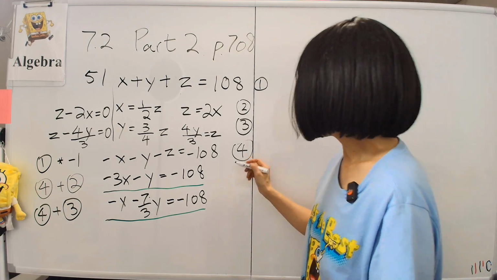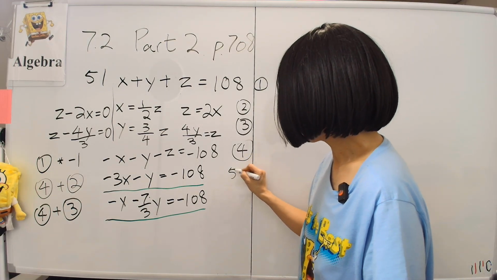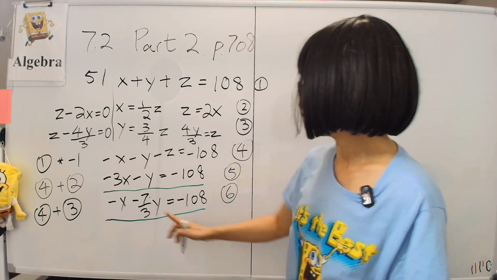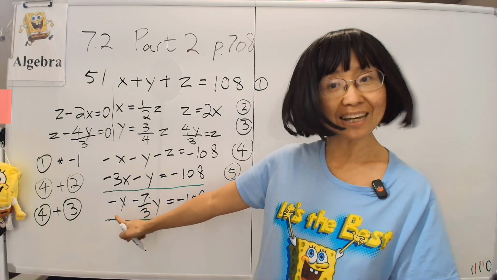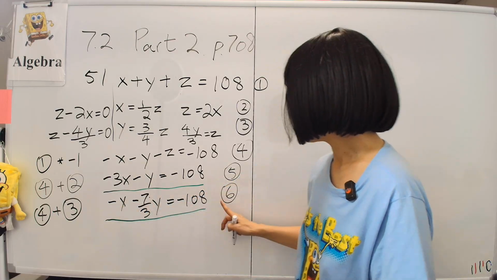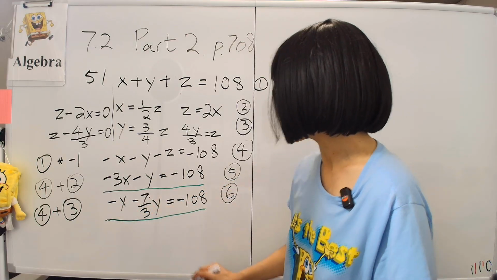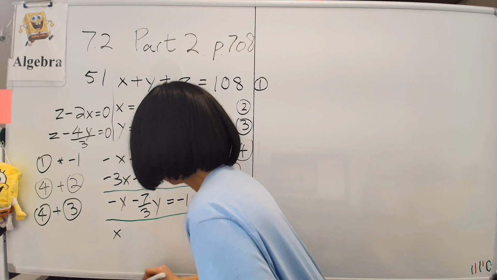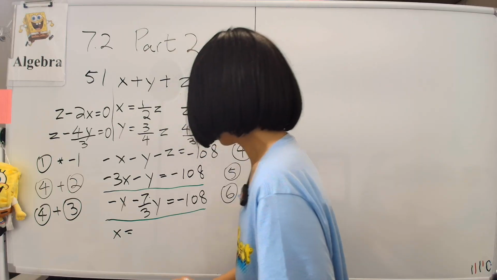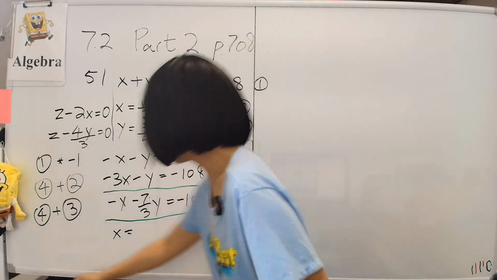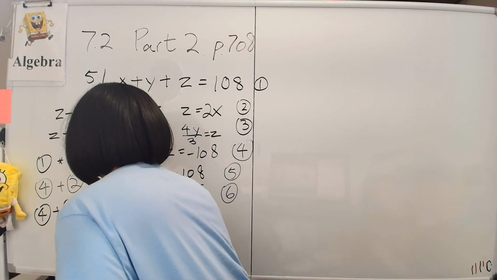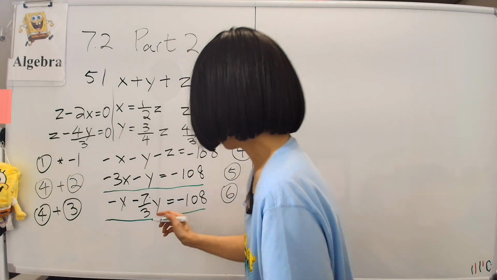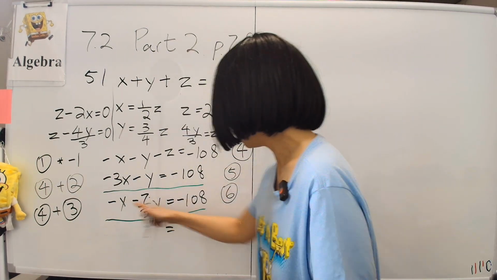So next, let's call this equation 5, and this one equation 6. From equation 6, there's a minus x there, so we'll take advantage of that and use it to isolate x. I'll move x over here.